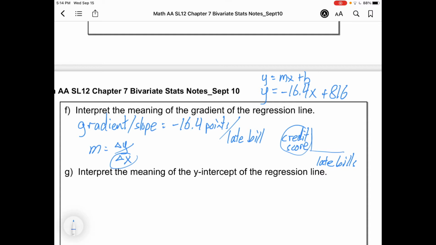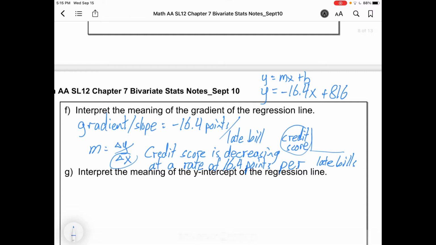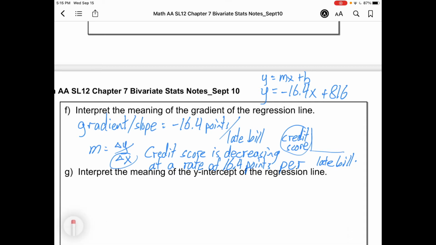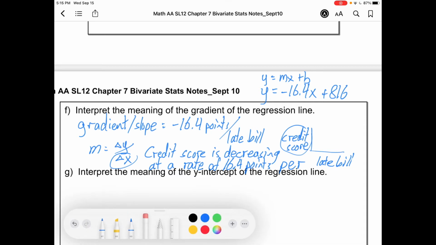It means that credit score is decreasing because it's a negative slope, at a rate of 16.4 points per late bill. I can just take the S off that and use that late bill that I've already got. So there's meaning there. Okay, and that's what we generated from the linear regression.